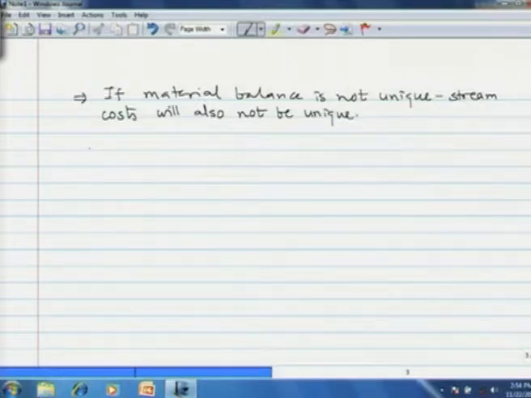And therefore, we have to do the material balance or develop the stream cost model.